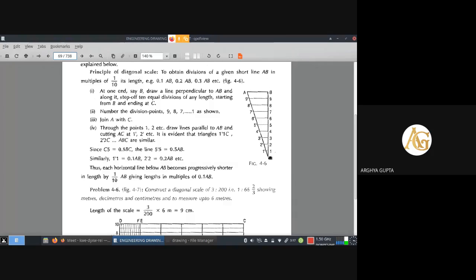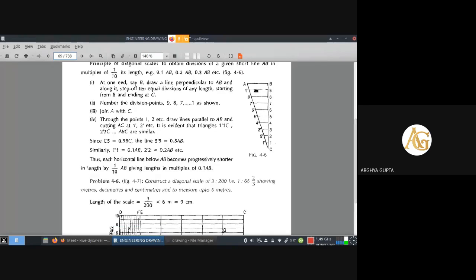Then, let us say AB is 1 centimeter, then the next consecutive unit to the centimeter is millimeter. So 1 to 1 dash will be 1 mm, 2 mm, 3 mm, 4, 5, 6, 7, 8, 9 mm, and 10 mm, that means 1 centimeter. So this is basically the principle of the diagonal. Now applying this diagonal principle, we will construct the diagonal scale.